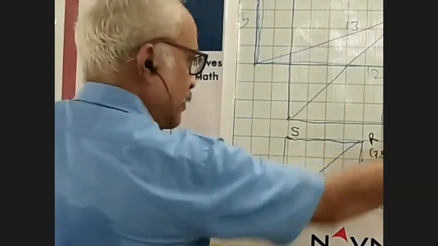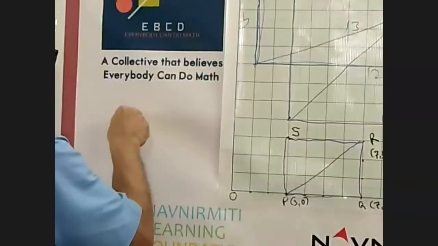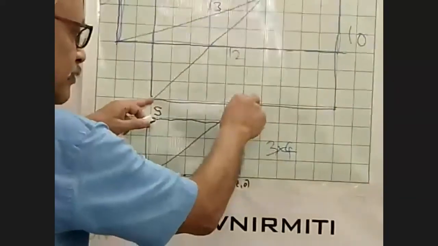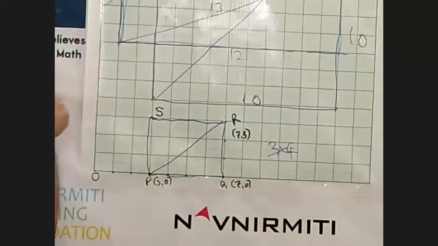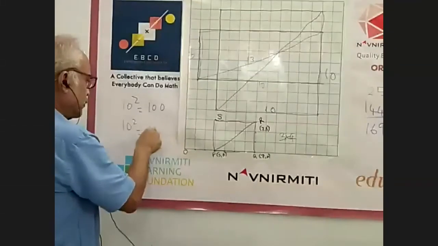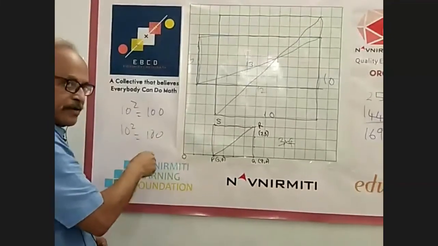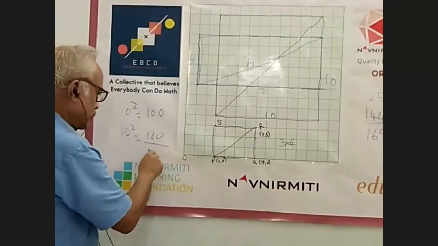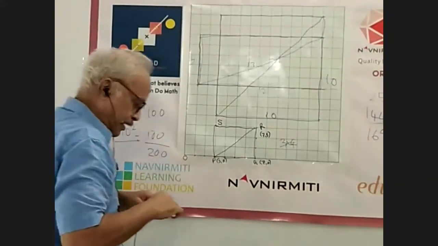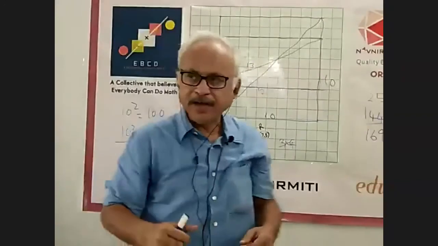What is this side squared? 100. What is the other side squared? 100. I have to add that. 200.